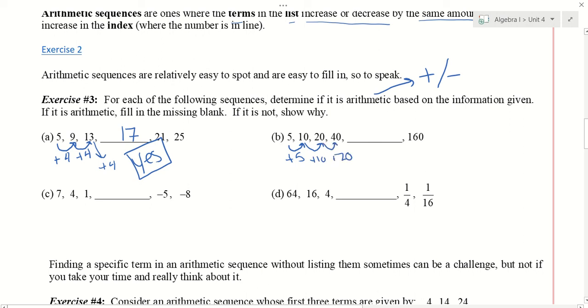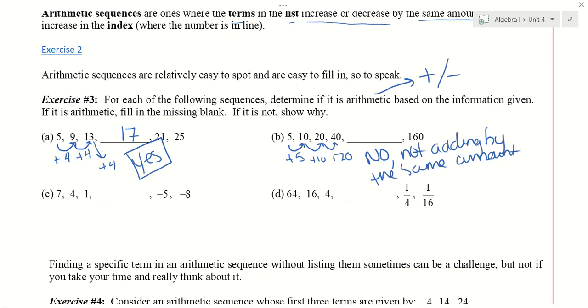Add 20. So is this arithmetic? No. Not adding by the same amount. We're actually multiplying here. Think about it. Times 2, times 2, times 2. And we'll eventually cover sequences that you multiply by, but not this unit.